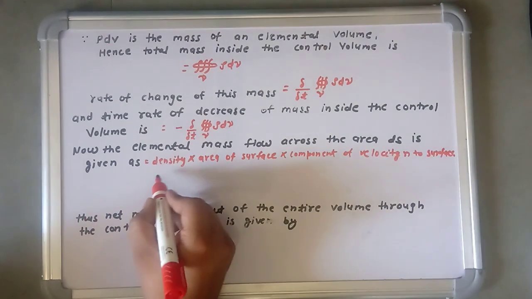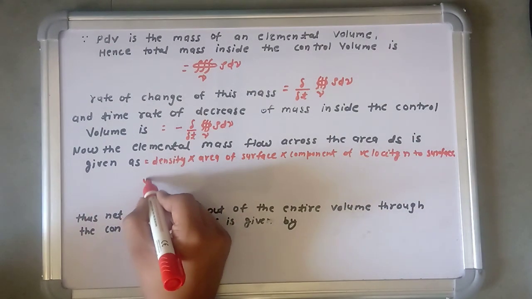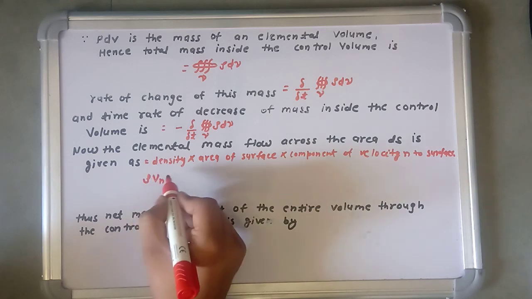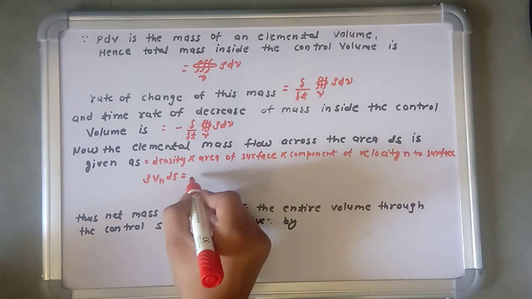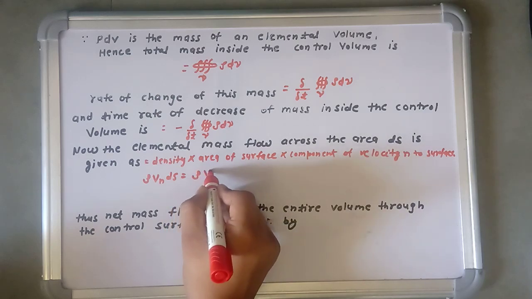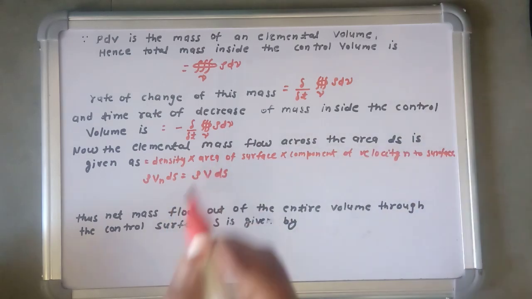It is given by rho Vn dS, which is equal to simply rho V dot dS.